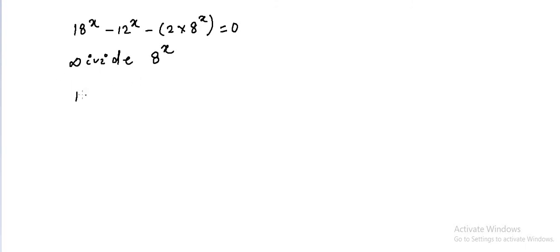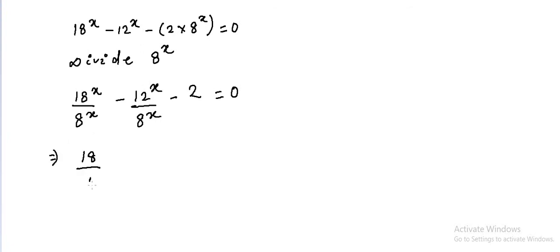So this becomes 18 to the power x by 8 to the power x minus 12 to the power x by 8 to the power x minus 2 is equal to 0. Now rewrite this equation as 18 by 8 to the power x minus 12 by 8 to the power x minus 2 is equal to 0.